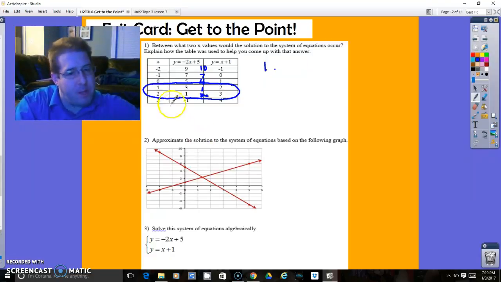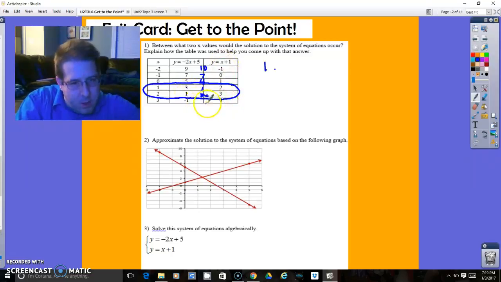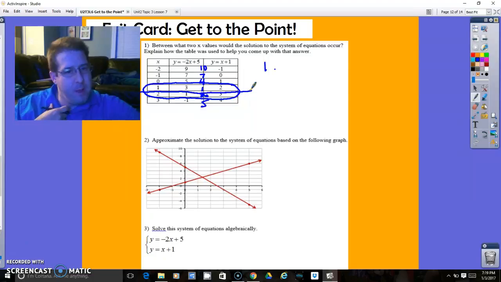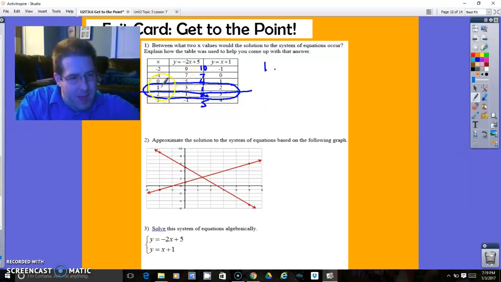But I do know it's 1 point something. The reason I know is because this is when it switches from this equation being bigger to this equation being bigger. And then the last one looks to be 5 bigger. So you can see the pattern here. And right here is when it changes from the first equation to the second equation having a larger answer, which means the answer has to be between 1 and 2.